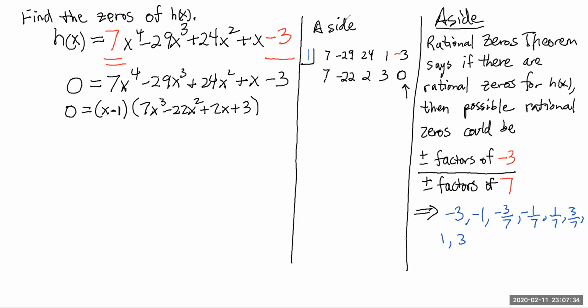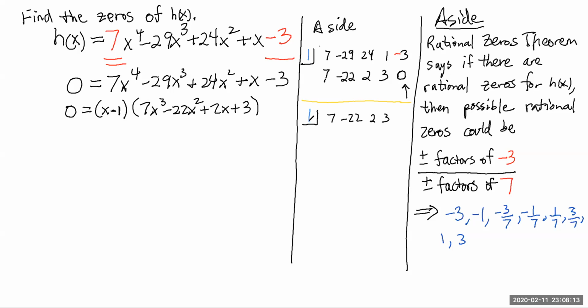Let's portion this a little bit. Draw a line here. So let's set up synthetic division again. Now we have 7, negative 22, 2, and a 3. Now, possible rational roots. Let's see if 1 is, I'm sorry, not rational root, but rational zero.